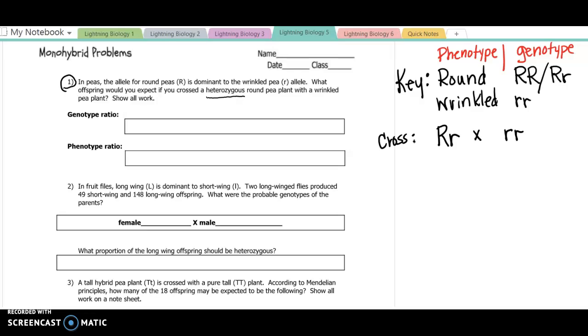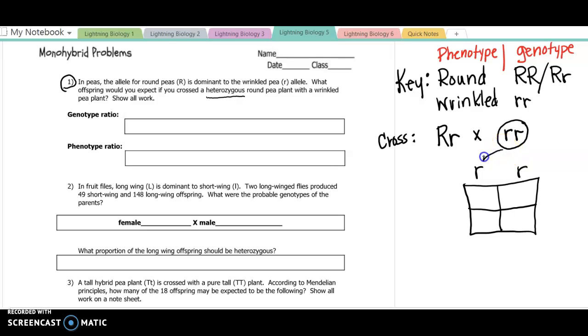And so now I go into my Punnett square. And I'm going to start with this parent here. And I look at the parent and I think, okay, what alleles could that parent give to the offspring? Well, it can only give a little r or a little r. And so I now can start my Punnett square.